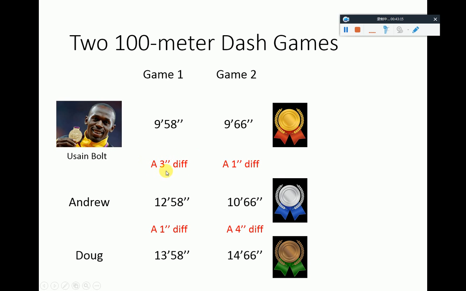A 3 second difference, that's a difference of degree. A 1 second difference is a difference of degree. A 4 second difference, that's a difference of degree.